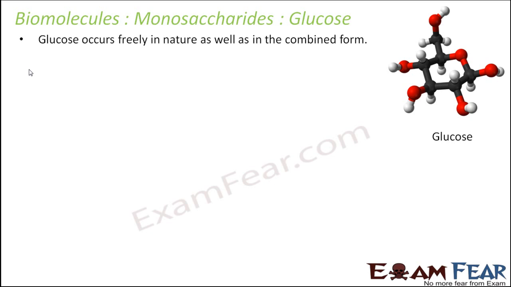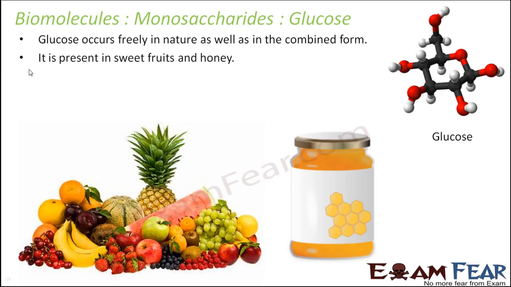Talking about the occurrence of glucose, it occurs freely in nature as well as in the combined form. Glucose is generally present in sweet fruits and honey. You would all have seen that glucose packet, but we are not talking exactly about that glucose. We are talking about the monosaccharide glucose, which is present in all sweet things.